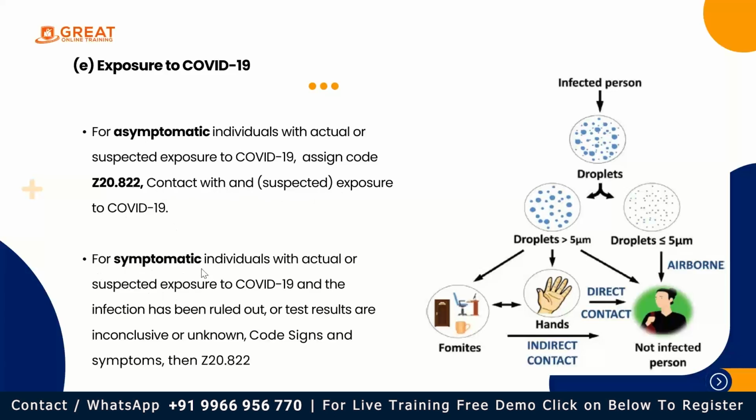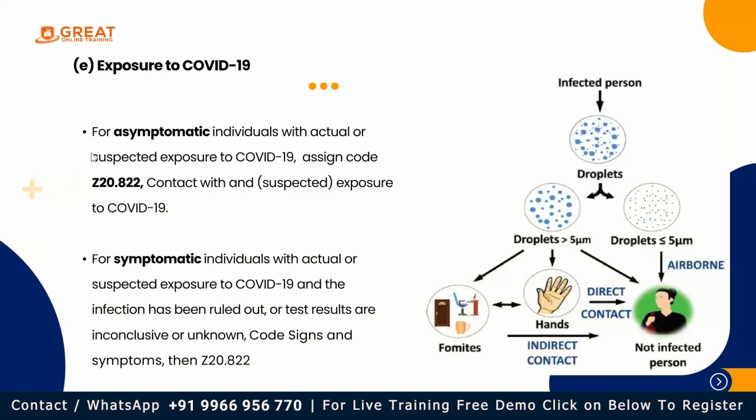And for a symptomatic individual with actual or suspected exposure to COVID-19 where infection has been ruled out or test results are inconclusive or unknown, code signs and symptoms and then code Z20.822.